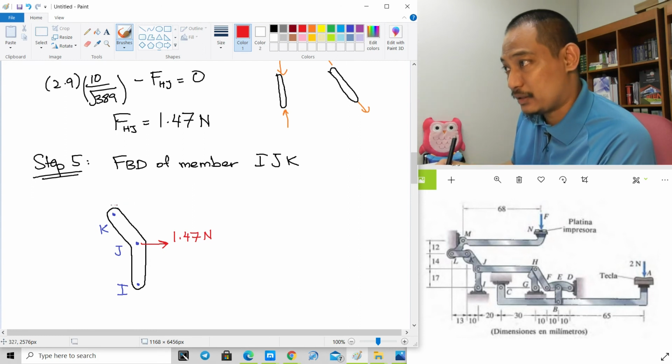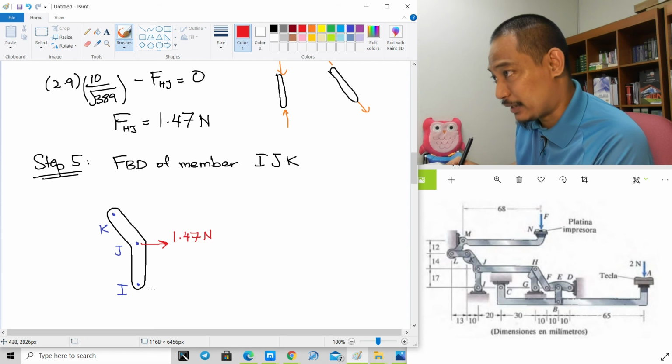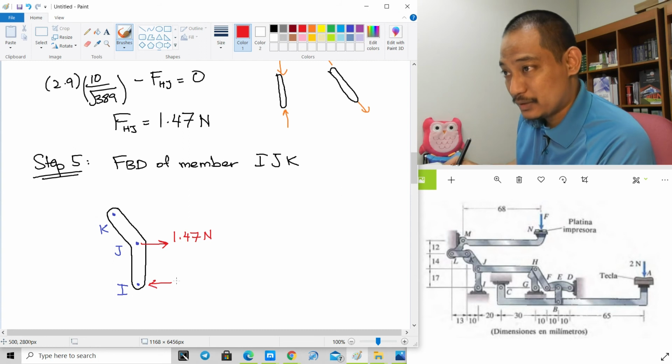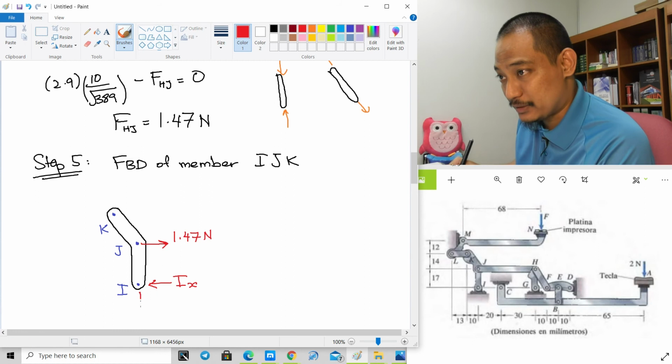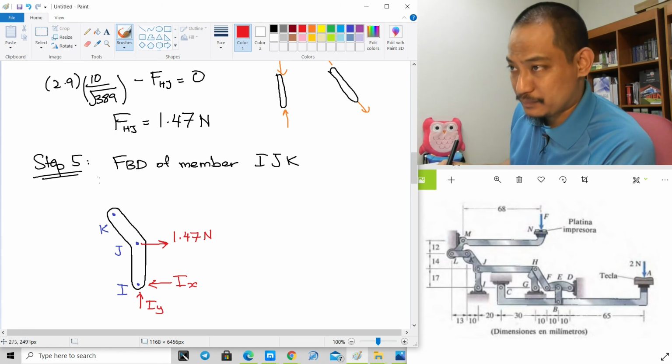At I we have x and y components, so I assume this is Ix and this is Iy.